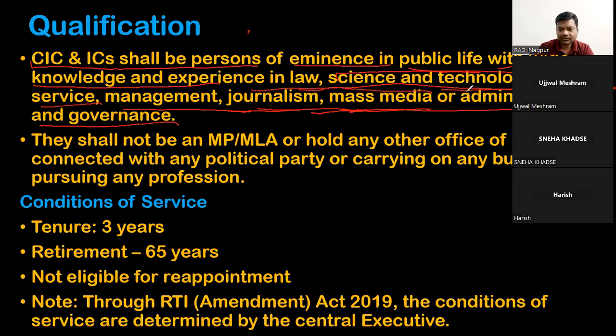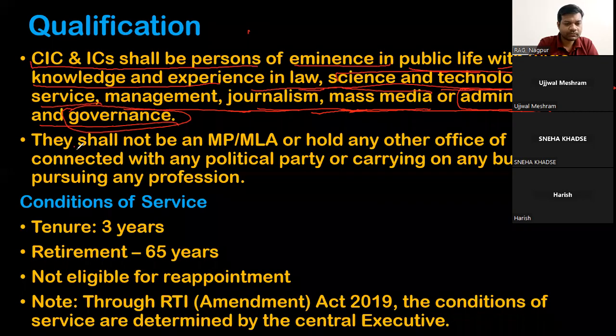Basically the information commissioners and chief information commissioners come from administration and governance, that means the retired bureaucrats, the retired IAS officers, IPS officers, IFS officers, all these people. They generally become these CIC and IC.